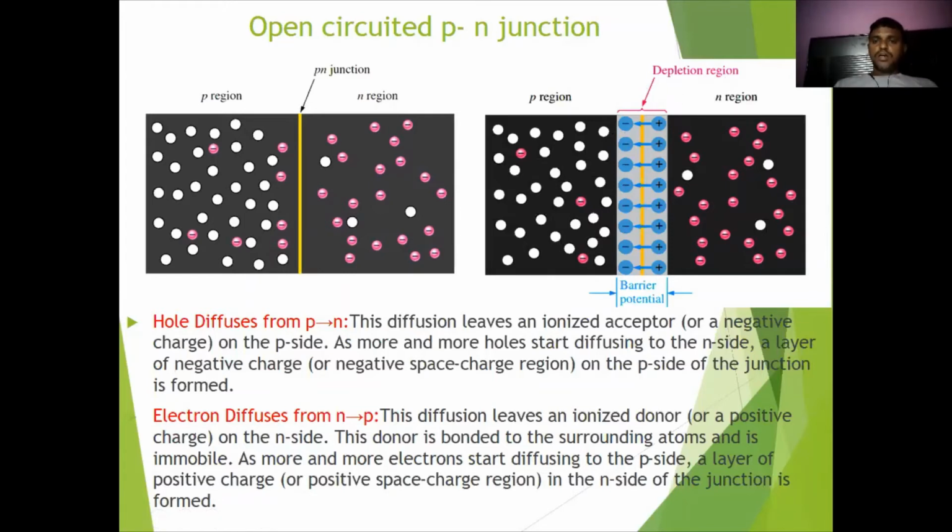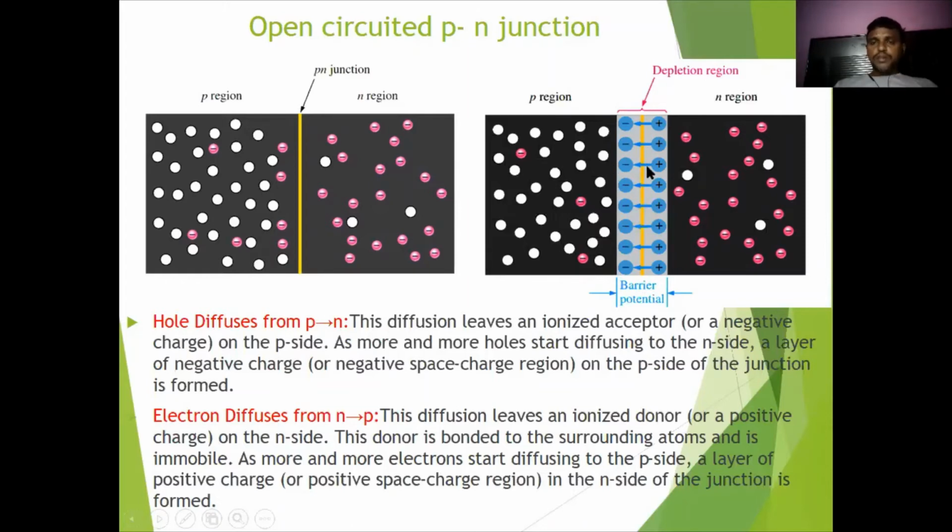We also have negative and positive ions here, so they provide some potential called the barrier potential, or contact potential. We'll see in the coming slides what the barrier potential is.